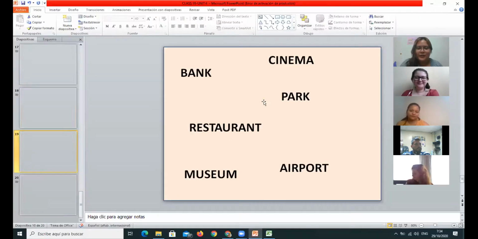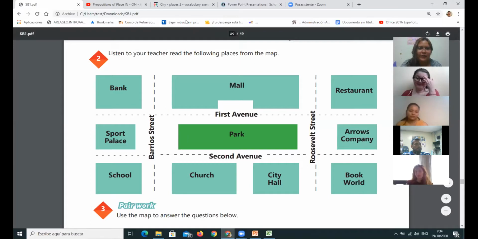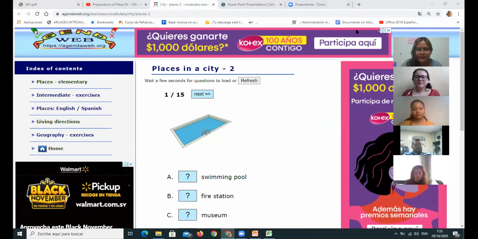That's right. So now we are going to practice a little bit of this vocabulary related to places. I'm going to share with you the link and I'm going to give you 5 minutes to complete this exercise. Look at the pictures and choose the correct name, okay?